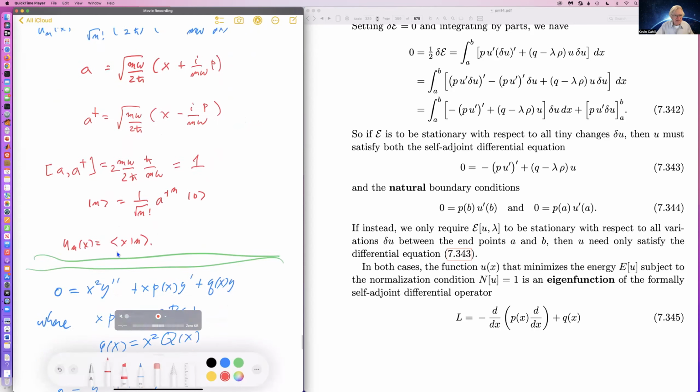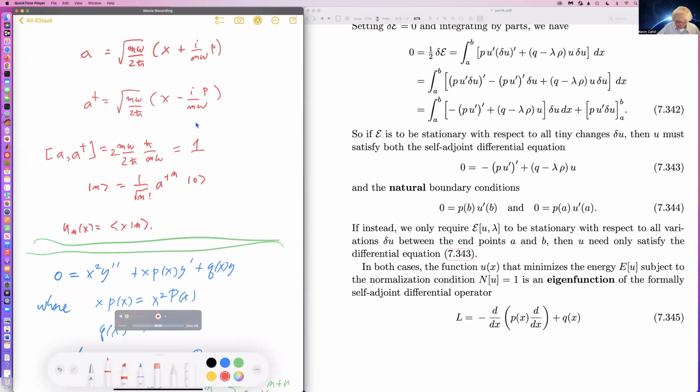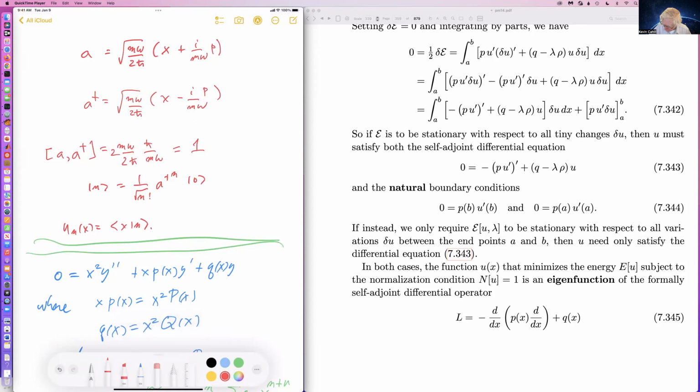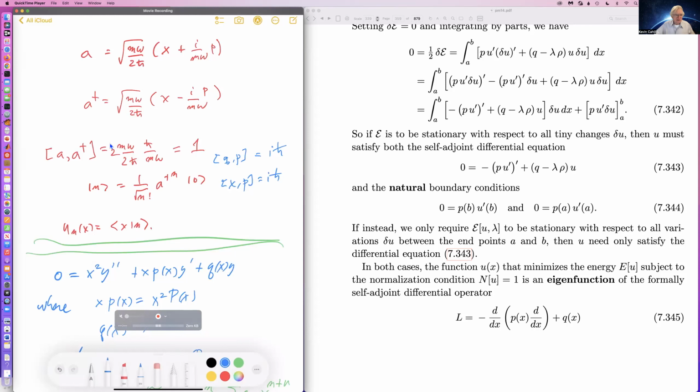And then if you take the commutator of these two things, and use the fact that the commutator of q with p is equal to i h bar, or equivalently, the commutator here of x with p is i h bar, then you see that the commutator of a with a dagger is 1. And the nth excited state is 1 over square root of n factorial, a dagger to the nth acting on the ground state. So that's how we think of it.